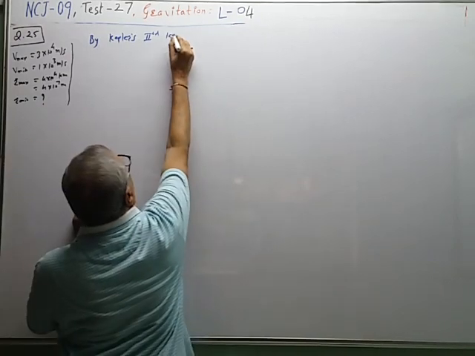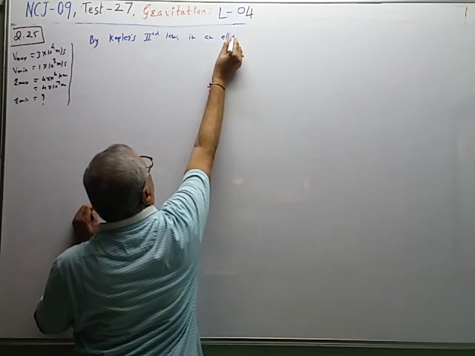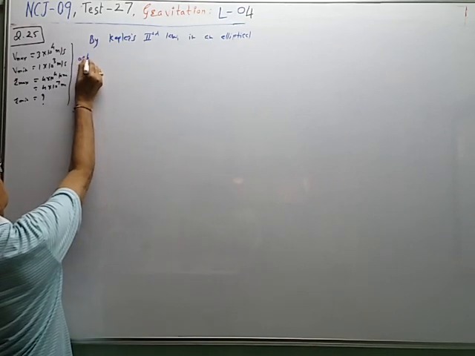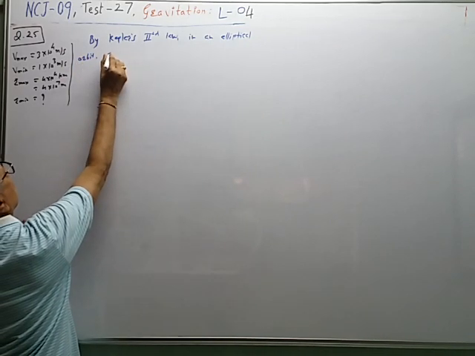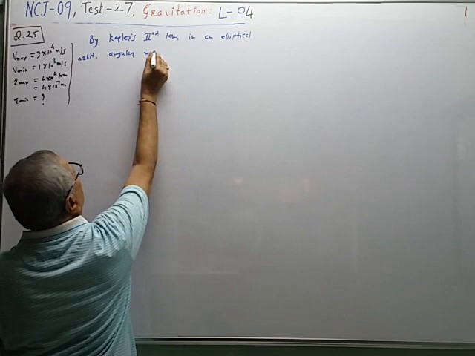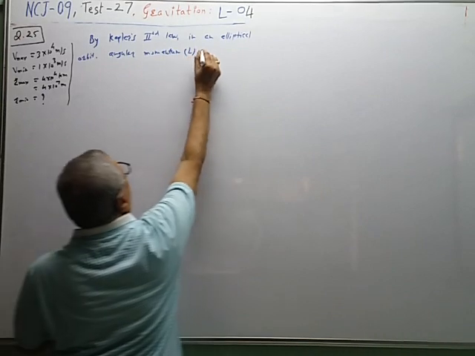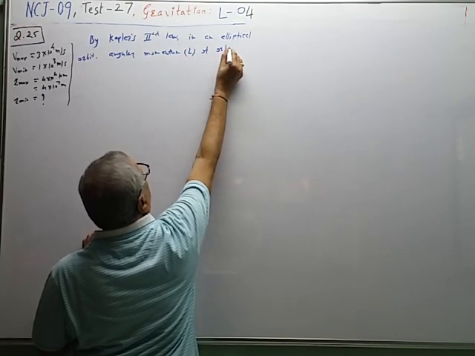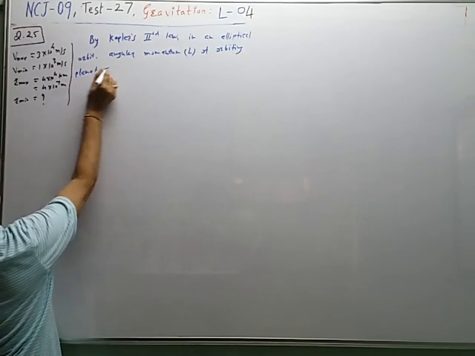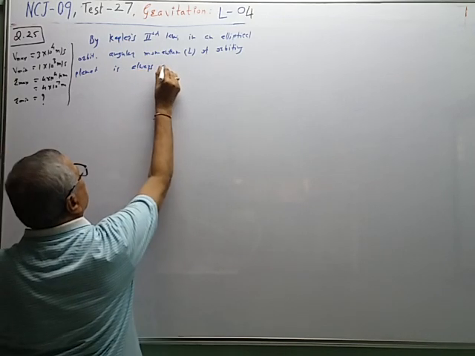By Kepler's law, in an elliptical orbit, angular momentum capital L of orbiting planet is always remaining constant.